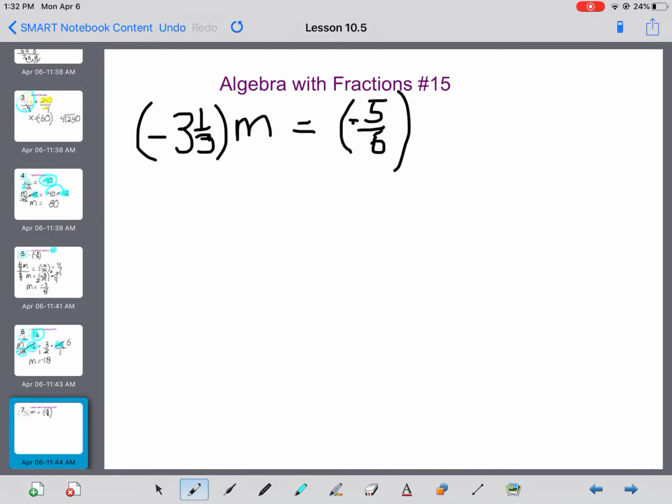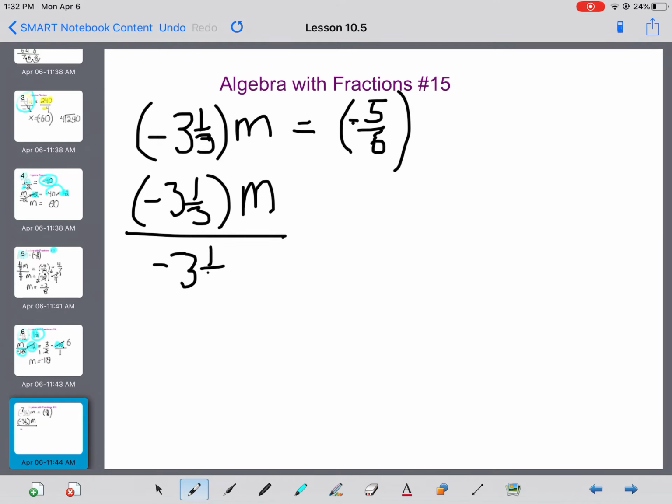All right, let's do one more. Okay, so I got a little bit messy. All right, so again, I'm multiplying m by 3 and -3 and 1/3. So I'm going to start by writing out what I have. The steps don't change just because I'm working with fractions. And I'm going to divide by -3 and 1/3. This is my new step.